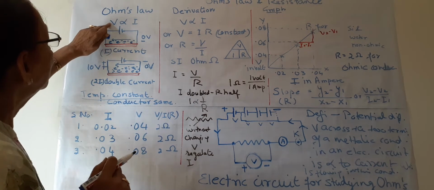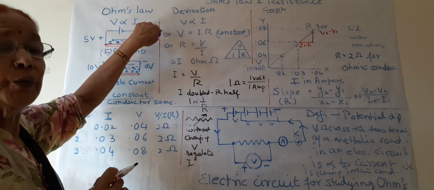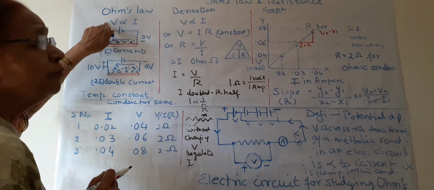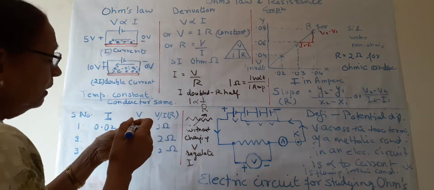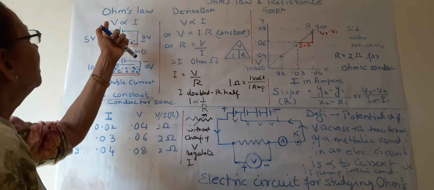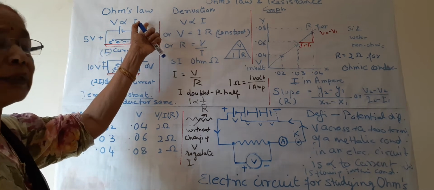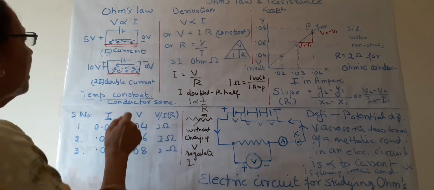Now we have one equation. V is directly proportional to I. V is in volt, I is in amperes. Then we should know how these are directly proportional. If one is increasing, the other is also increasing. How? This can be seen by these two diagrams.